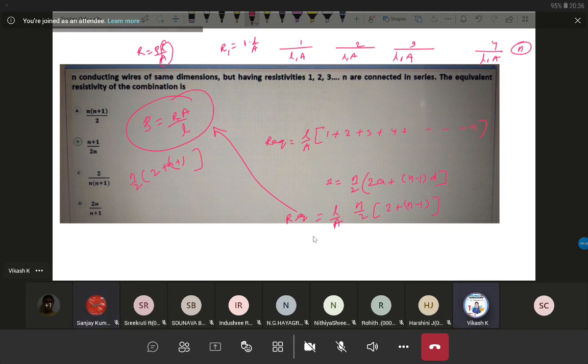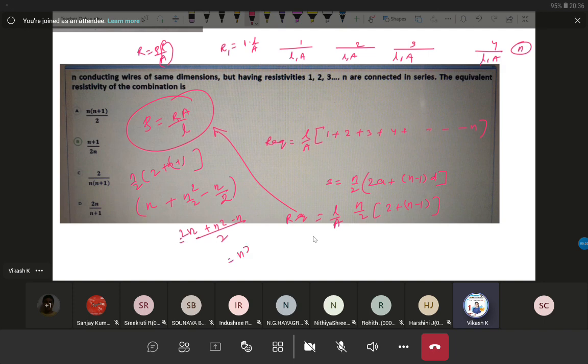Just multiply, so we will be getting n, because 2 and 2 will get cancelled. Then we will be getting n square by 2 by n by 2, isn't it? Just take LCM as 2, then what can I get, beta? 2n plus n square minus n.